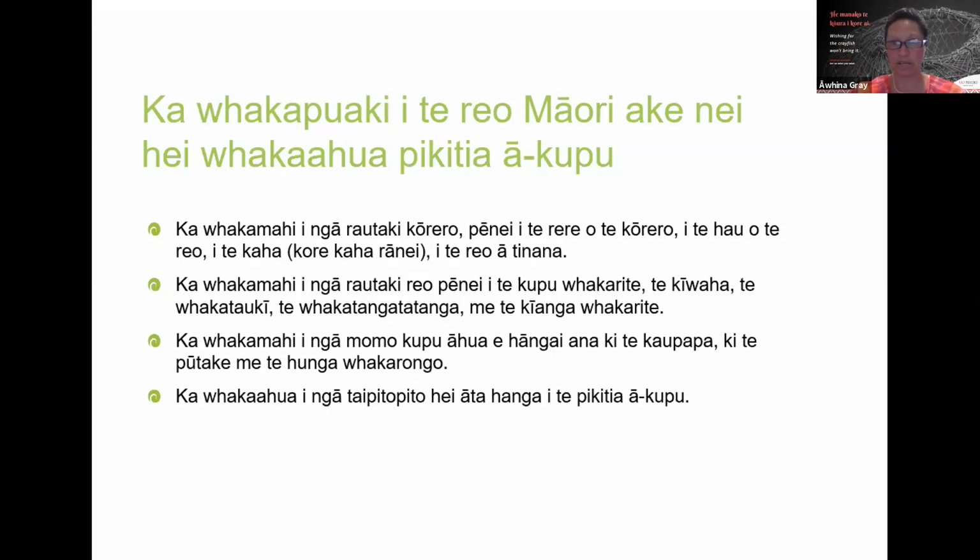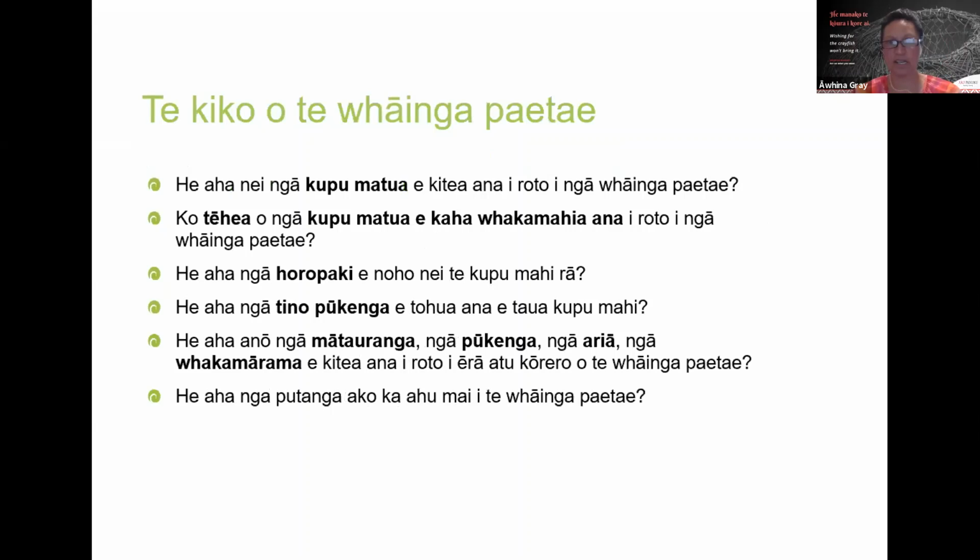So we're almost there, e karema, just one more slide. So let's have a look. This is our huarahi. This is the huarahi that we followed. Okay. So what we started off with first is having a really careful look at the whāinga paetai and identifying its component parts. Kupu mahi. So, you know, what's the big operative word or words in the whāinga paetai?